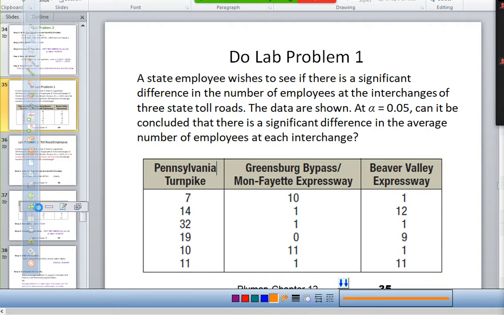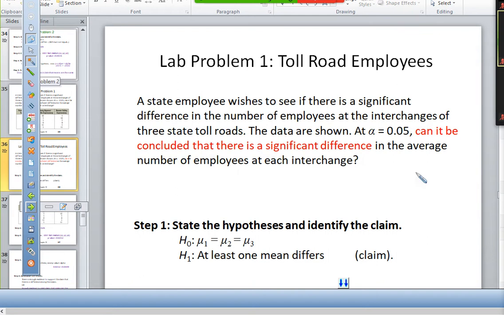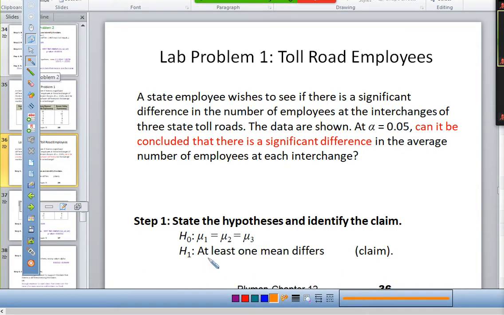Okay. So let's go ahead and go over this lab problem. Can we conclude there's a significant difference? So this is saying concluded that there is a difference, right? So that means that they're claiming that their claim is H1, at least one mean differs.